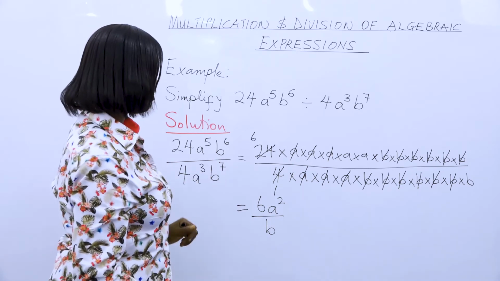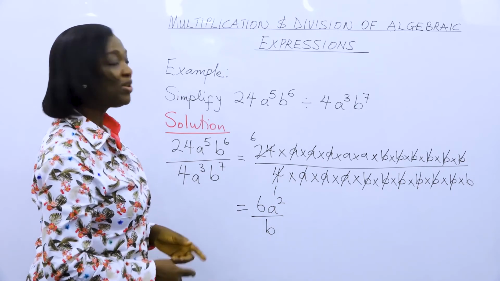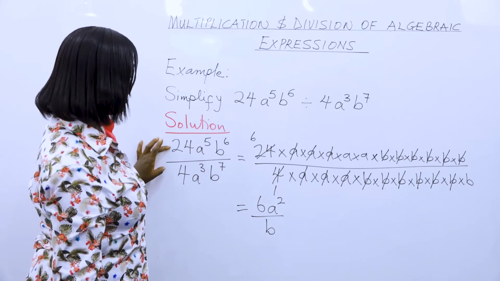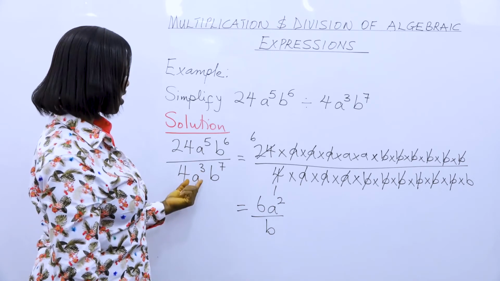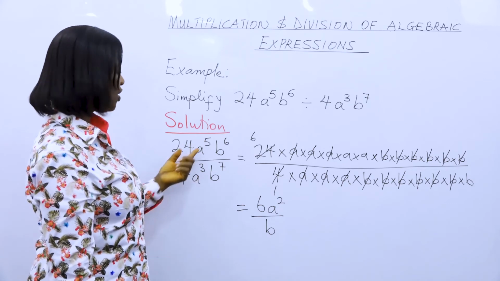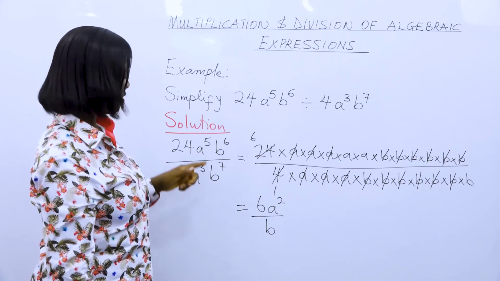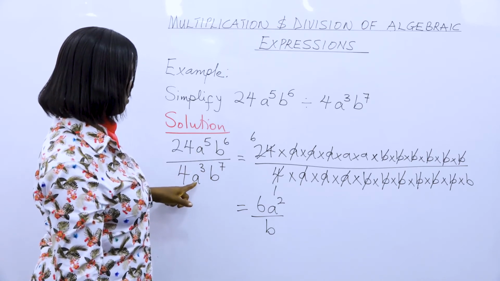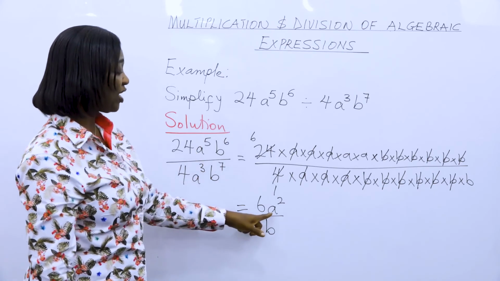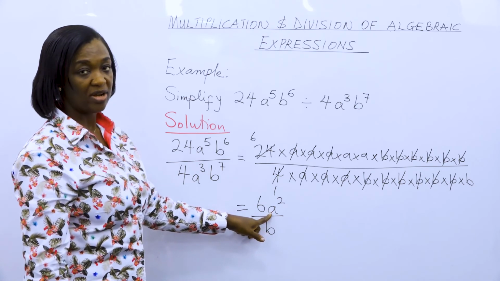There's another way you could have done this, by simply dividing 24 by 4 to get 6 and subtracting the powers of the variables. A to the power 5 minus a to the power 3 will give us a squared.